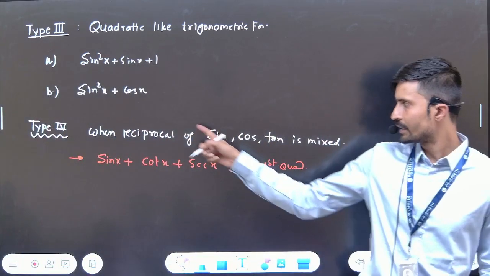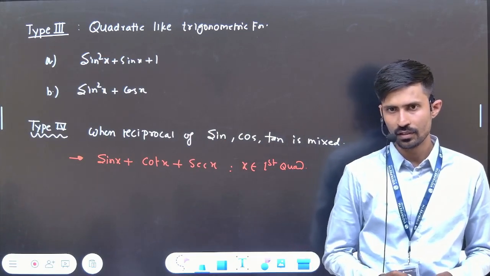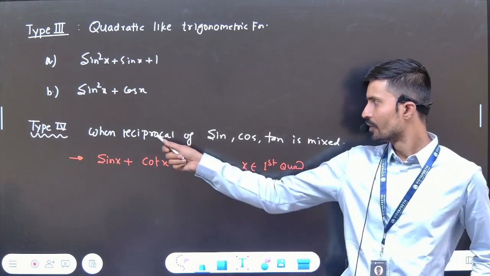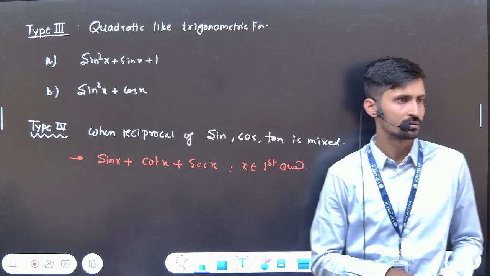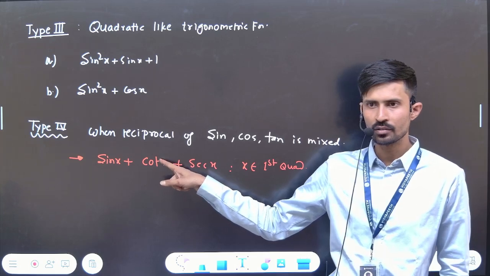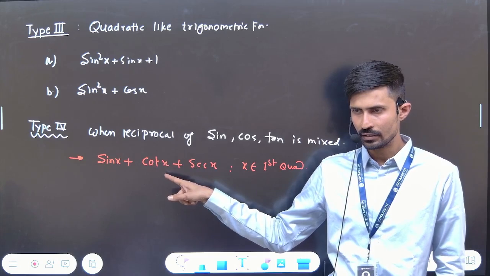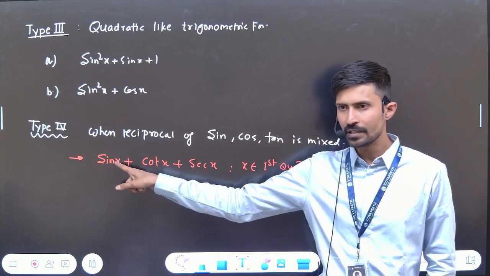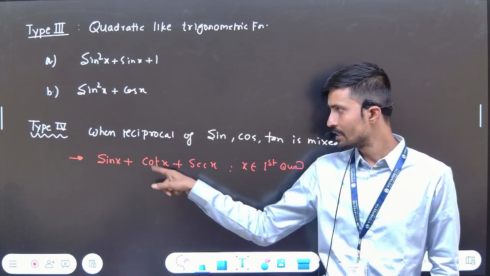So how that statement is matching with this expression, I am going to say. This is saying when reciprocals of sine, cos and tan are mixed. See, cot is there. What is cot? Cos by sine. So here sine is present, and the reciprocal of sine, 1 by sine, is present here.